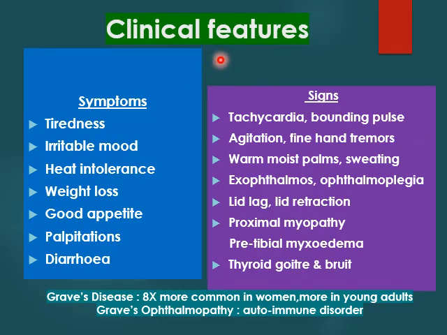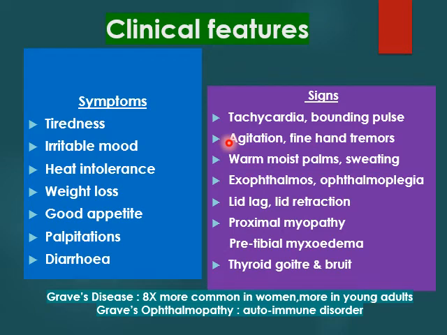The clinical features of hyperthyroidism. The symptoms: tiredness, irritable mood, heat intolerance, weight loss despite having a good appetite, palpitations, and diarrhea. There are a lot of symptoms, of which the common ones are listed here. Then the signs: tachycardia with a bounding pulse, also known as water hammer pulse or collapsing pulse.